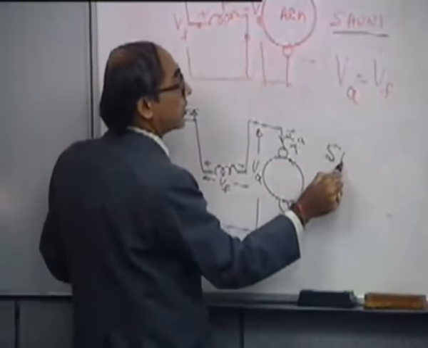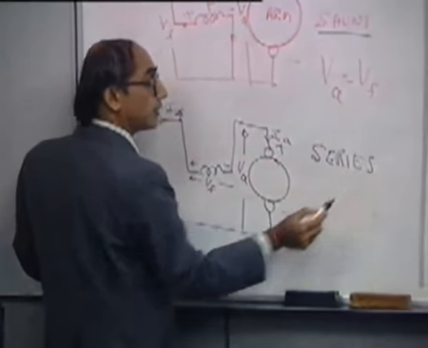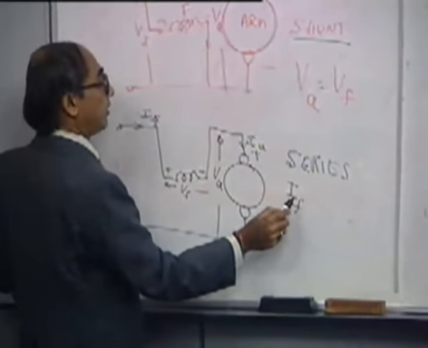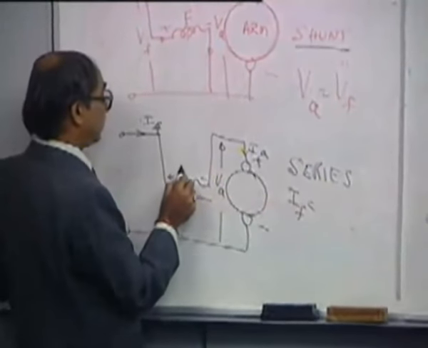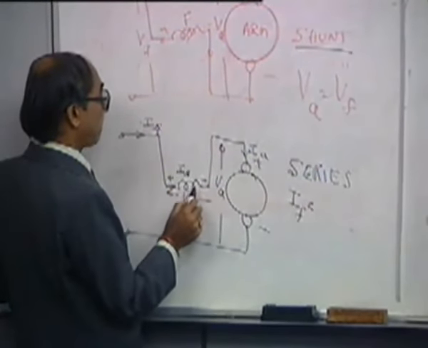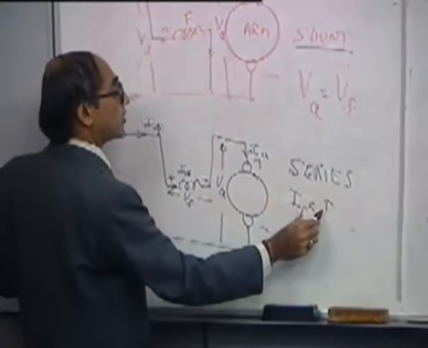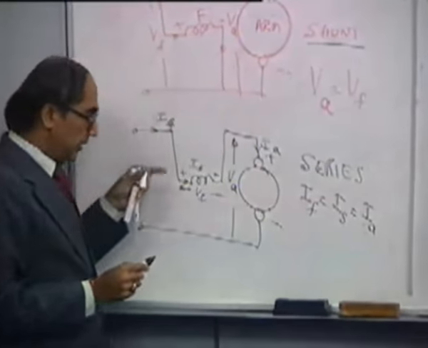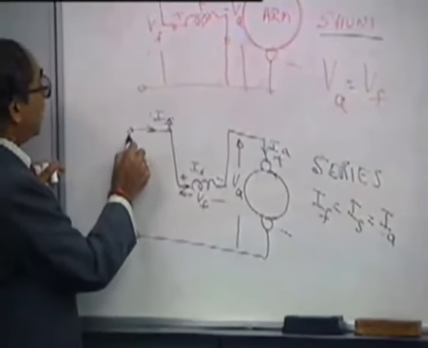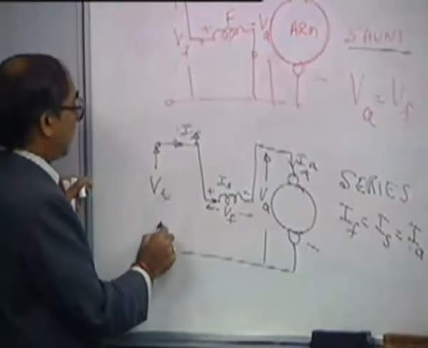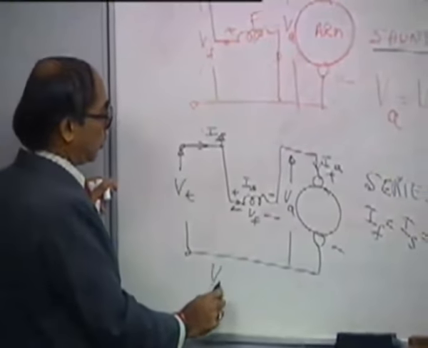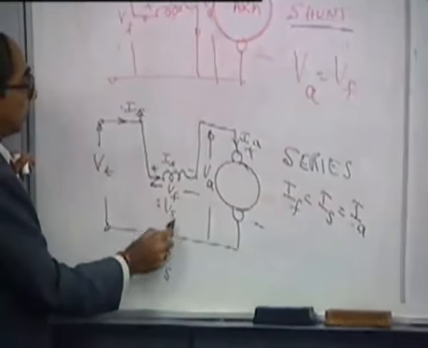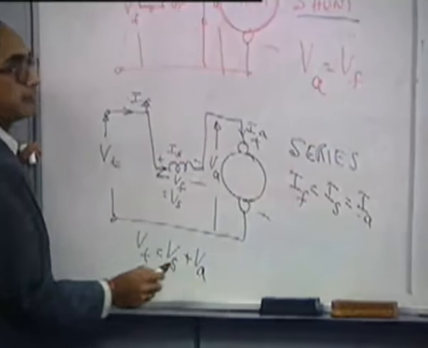So this is the series connection. In the series connection, we notice the current across the field, we'll call it as the series field, IS, that is IS will be equal to IA, the current in the armature, and of course the voltage will be the sum of the two.